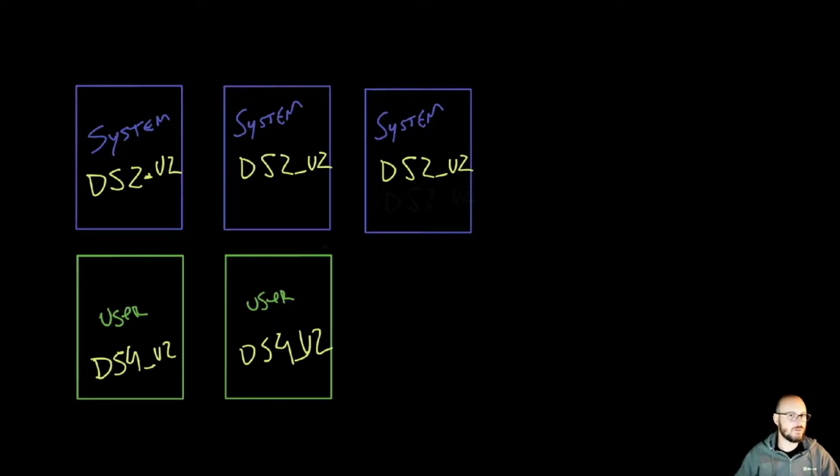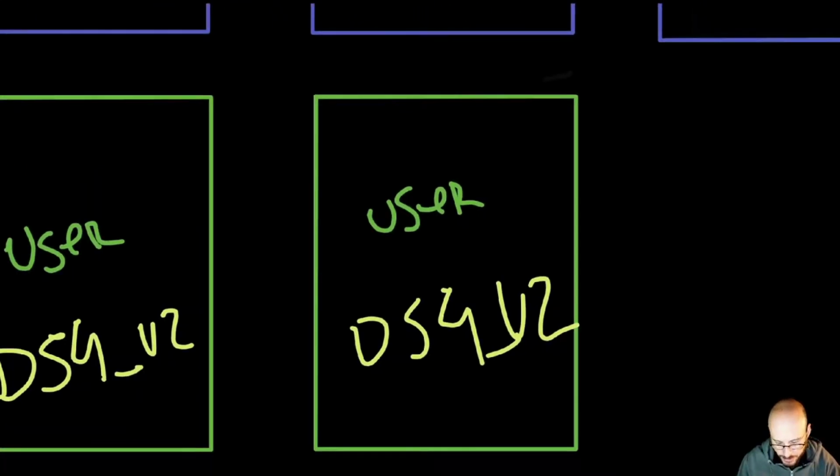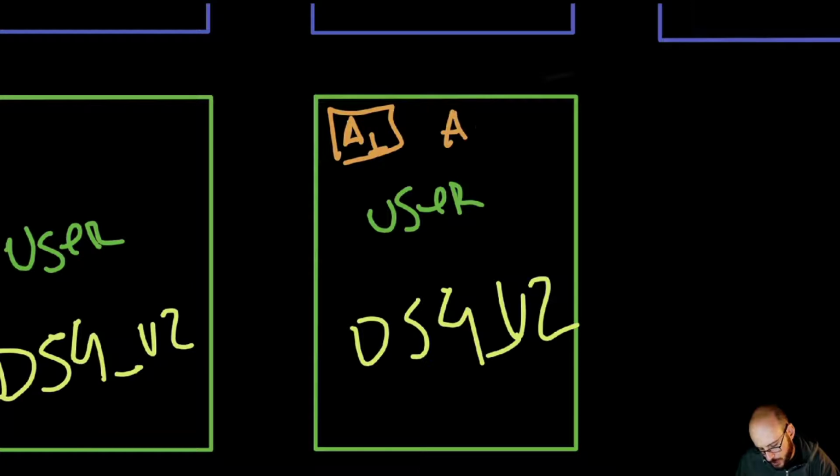Let's say if we go down into one of these user nodes, and suppose we have one application here, which I'm just going to call A1 in orange, and I have a few copies of A1 running. But now I have a second application, which could be anything, such as a monitoring application or a third-party application running in the cluster. So let's suppose you also have that in here.